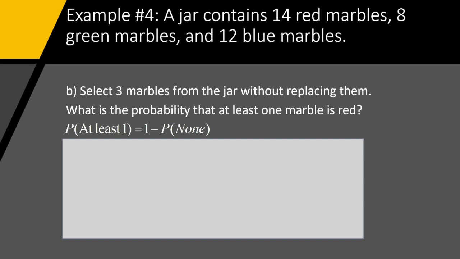So how would we do this problem if we don't replace the marbles each time? Well, you're still going to do the same basic approach. You want to find the probability that none of the marbles are red, but remember you have to work with conditional probability, and you're going to have to adjust the probability for each time you draw a marble out of the jar.